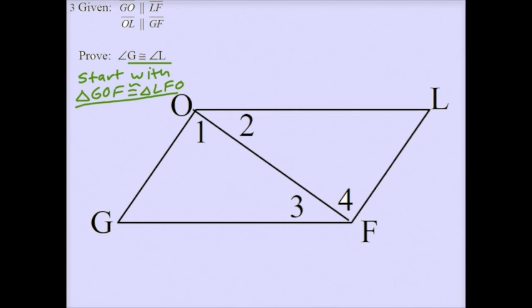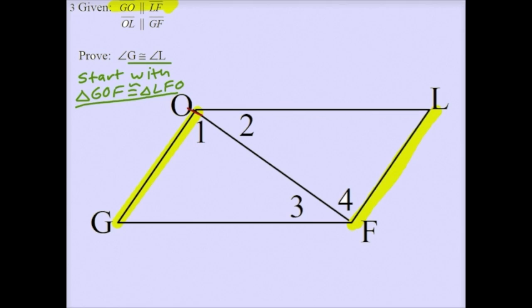So first off, let's kind of figure out what we have here. These segments are parallel, GO and LF. Well, what of it? Well, with parallel lines, you should always be thinking about angles. And in particular, well, which pair of angles?